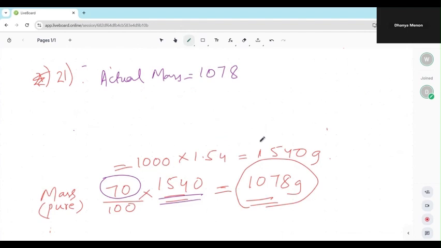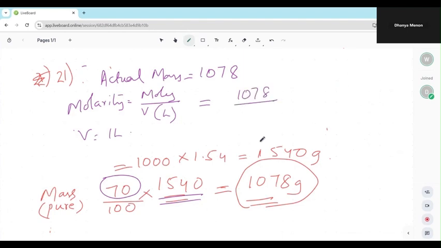Now, in this, what we need to find out is the molarity. You already know the formula. Molarity is the number of moles per volume in liters. The volume is already in liters, that is 1 liter. Now, how do we find the number of moles? Mass over molar mass. The molar mass is given, 98 grams per mole.